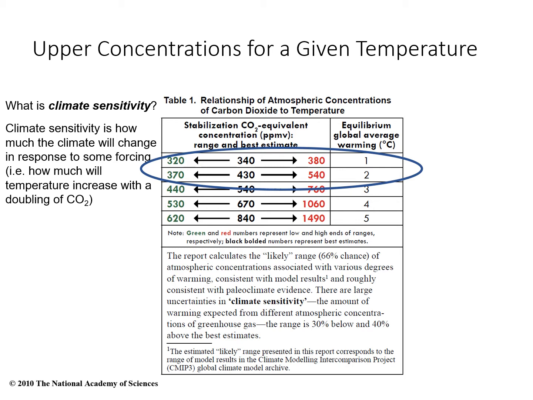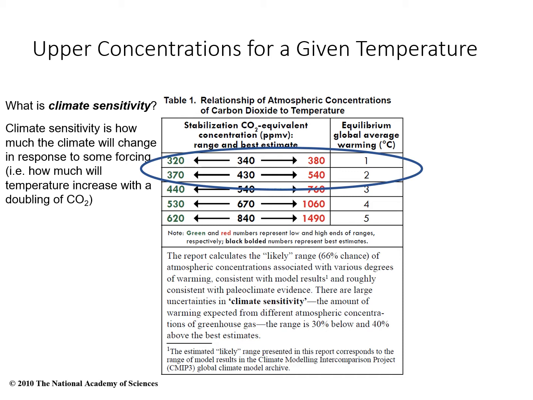This table shows the likely range of carbon dioxide concentrations that would lead to different global temperatures. The table shows that for an atmospheric concentration of CO2 between 320 to 380 parts per million, there is a 66% chance temperatures will increase by 1 degree Celsius.